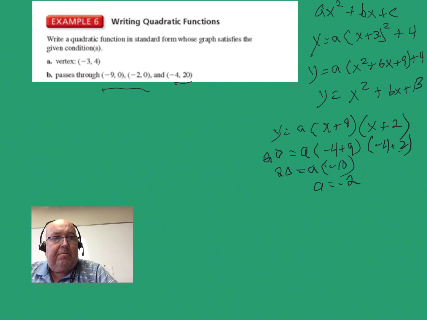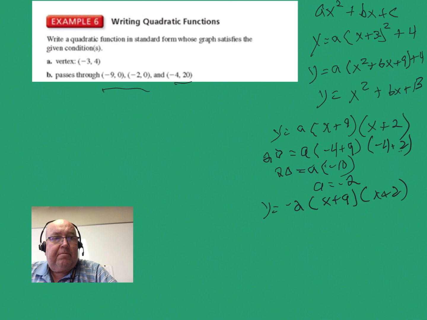Now we need to go back and write this in standard form. So we're going to have y is equal to negative 2 times x plus 9 and x plus 2.